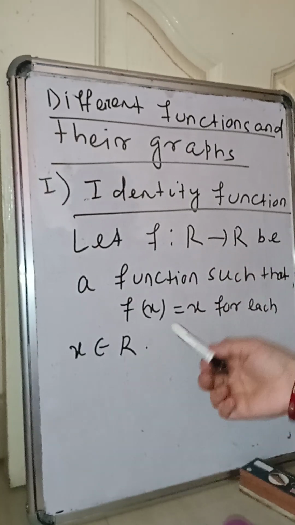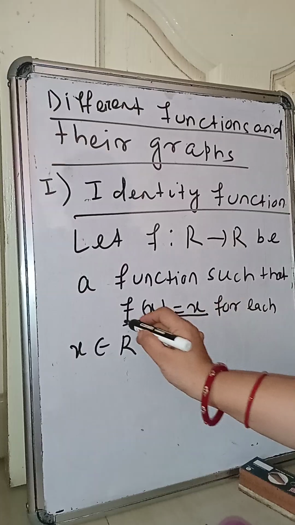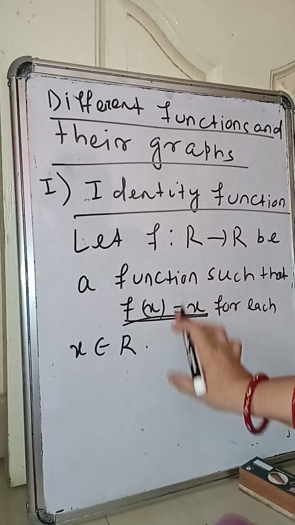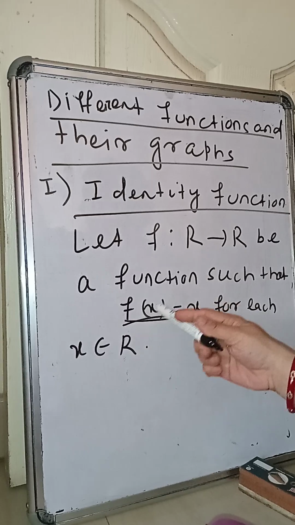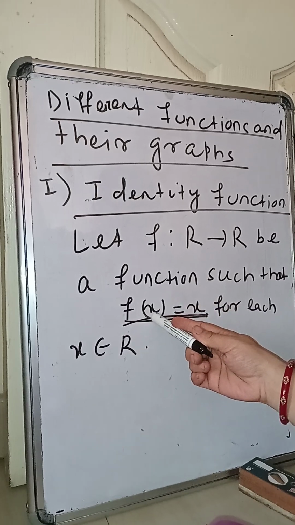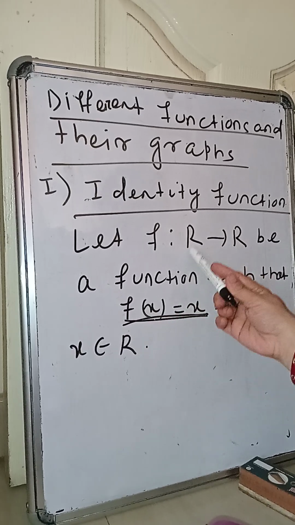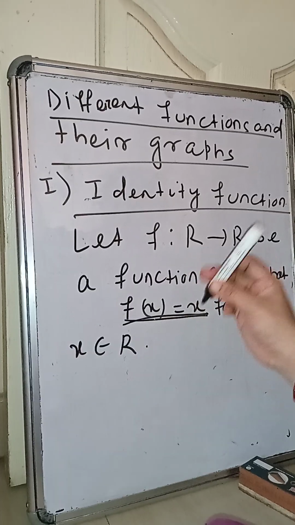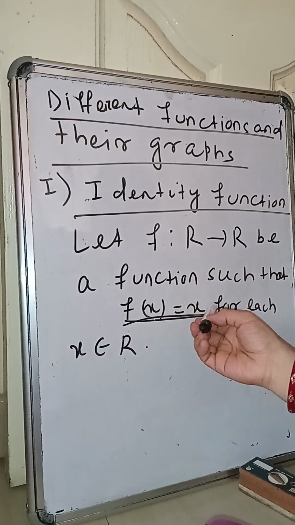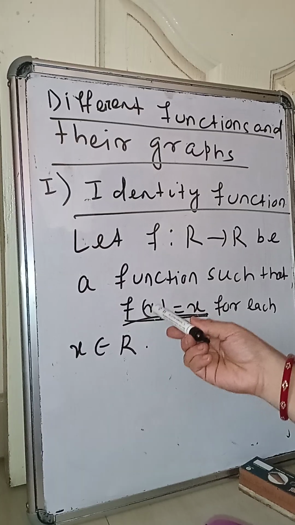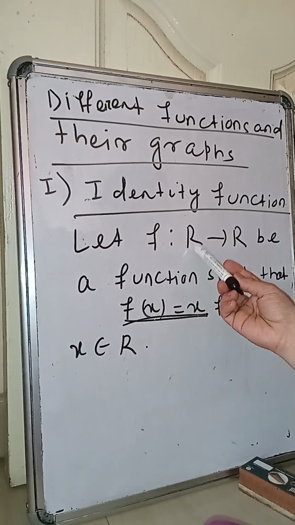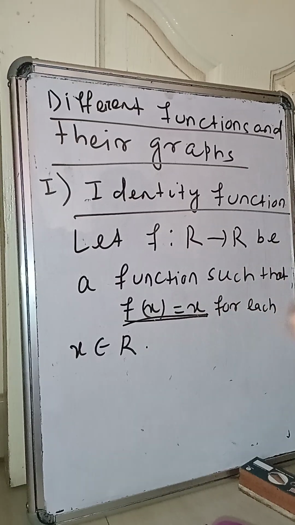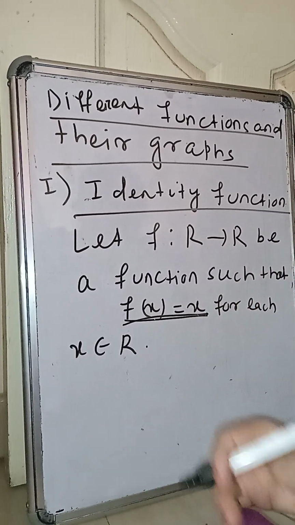If your function is of this form, meaning your rule is this form, then you can say the function is an identity function. That means if you take each element from your domain set R, then its image is also the same. Its image is f(x) = x, meaning whatever element you take from the domain of this function, its image by this function will be again the same value.